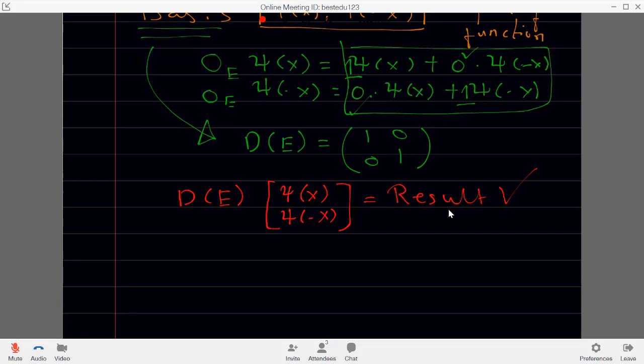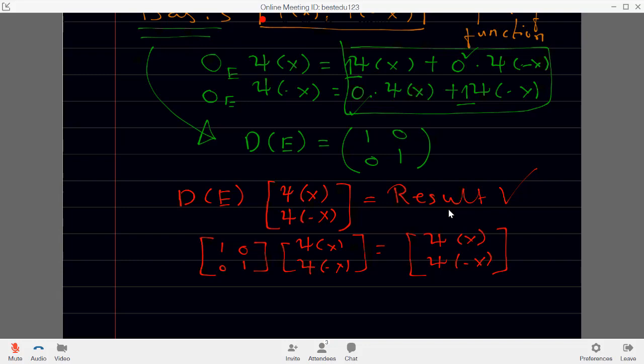For example, we have 1, 0, 0, 1 multiplying with psi of x and psi of minus x. Then what do we get? We are going to get psi of x and psi of minus x, which is quite natural, right? So when your group element acts on the basis, what you get on this side is correct.